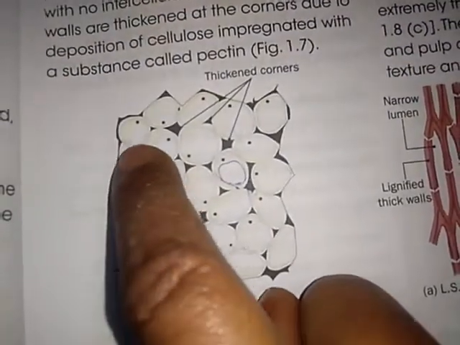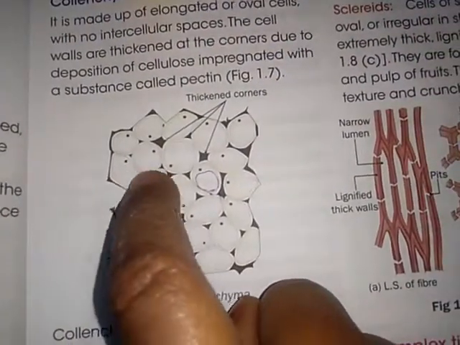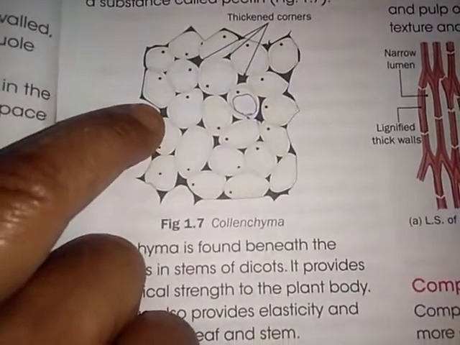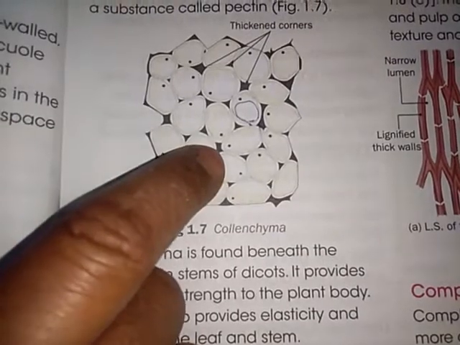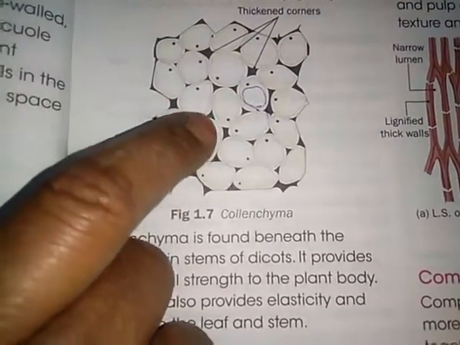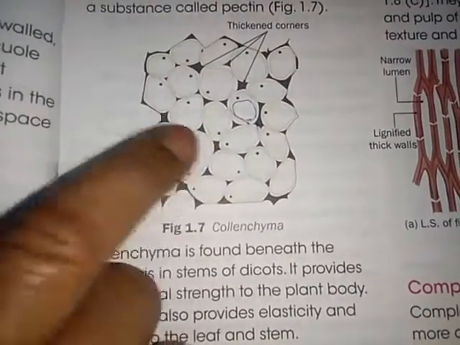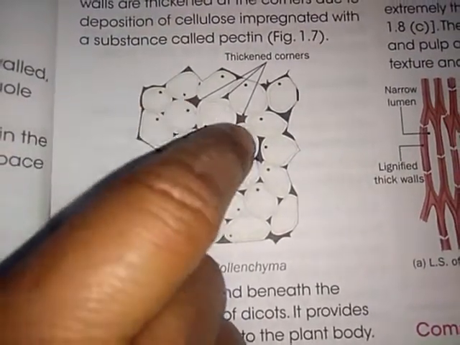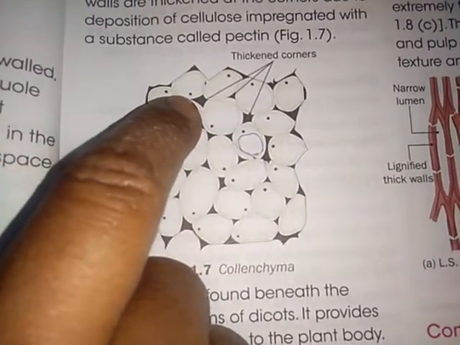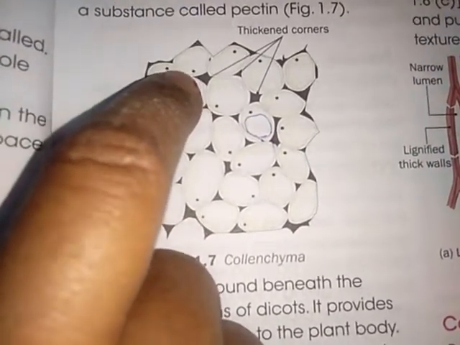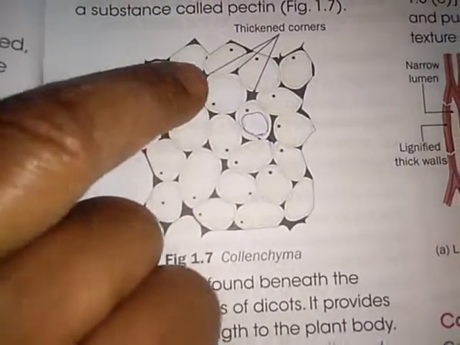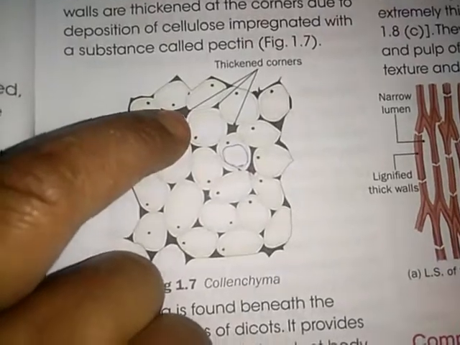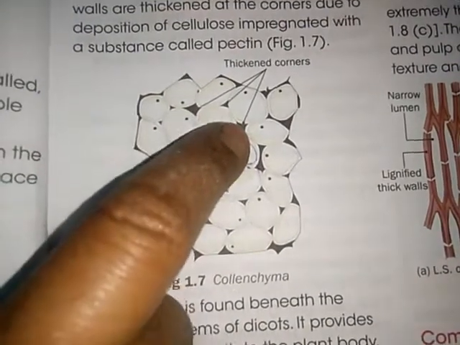See, cell walls are thickened in the corner. In the thickened corner, cellulose is present. These dark spots are called the thickened corner. In this dark corner, which one is present?